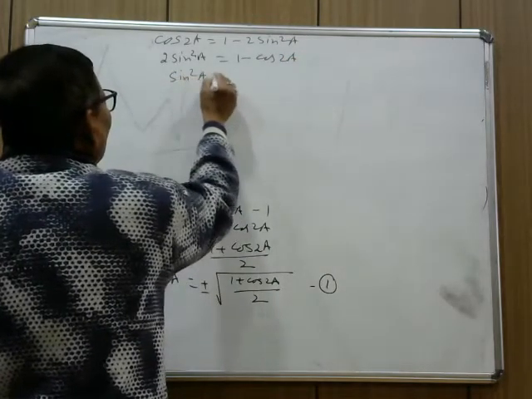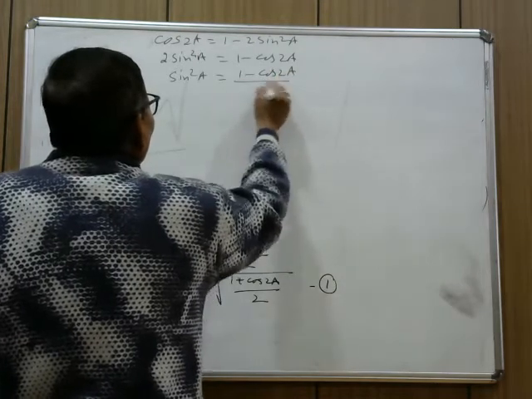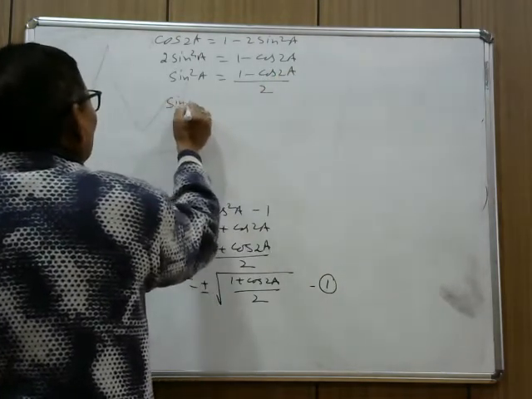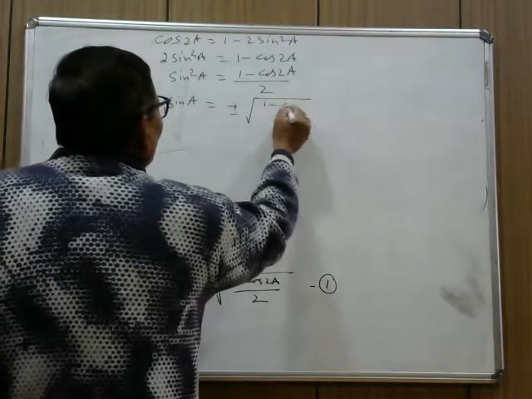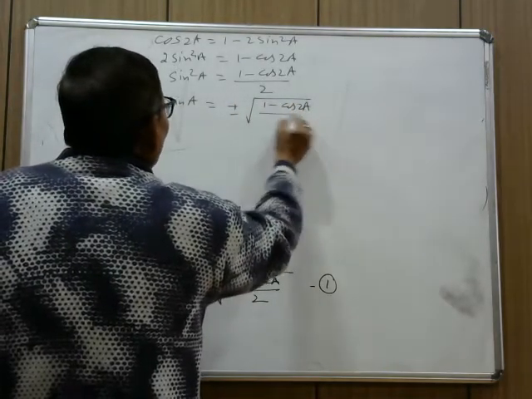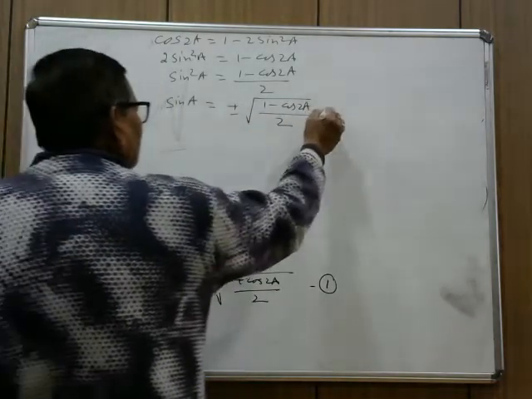Sin square A equals 1 minus cos 2A upon 2. Sin A is equal to plus minus under root 1 minus cos 2A upon 2. And this is 2.